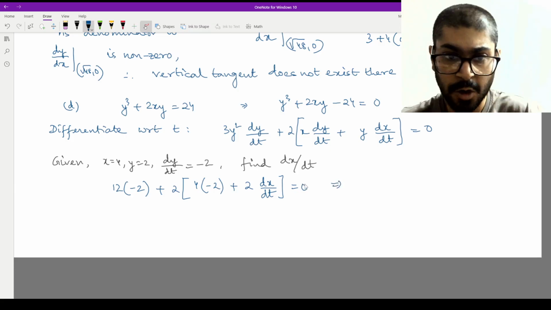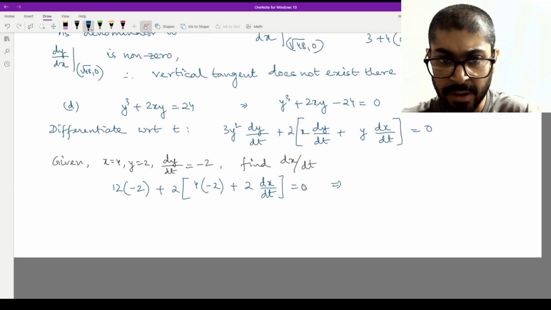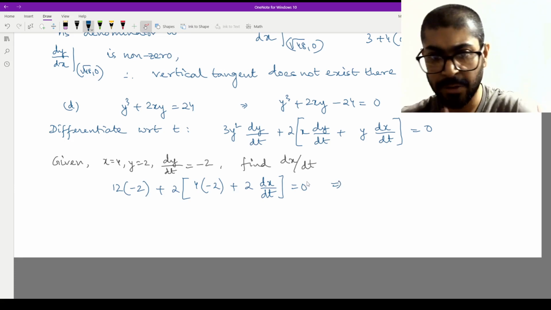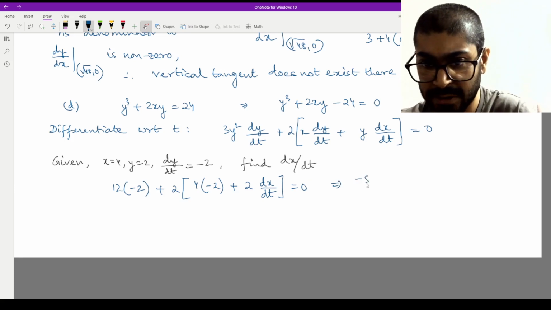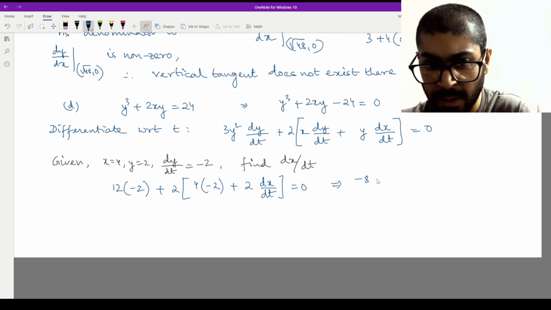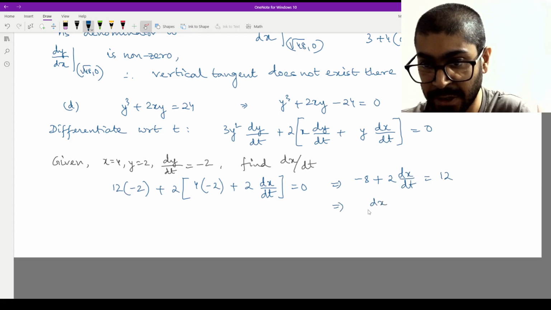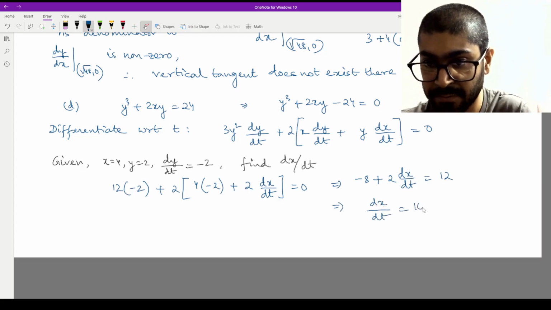Which means minus 24, minus 8, right? So minus 24 goes to that side, becomes plus 24, divided by 2, it becomes 12. So this is minus 8 plus 2 dx/dt equal to 12. So this becomes 20, which implies dx/dt is 10.